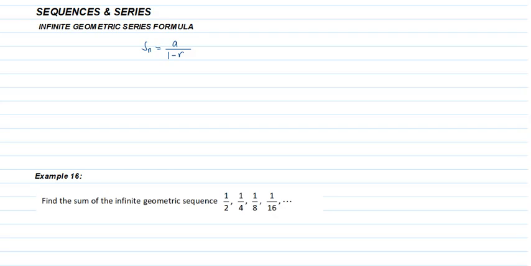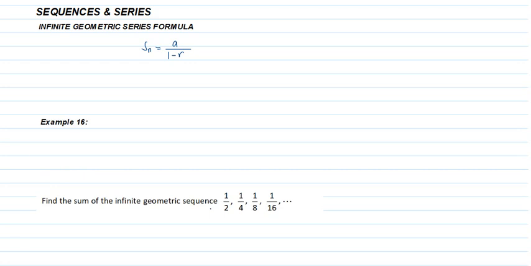So for this case, we could make use of this formula to find yung ating sum of the terms of an infinite geometric progression. So let's try to do that. Let's try to have an example involving that one.